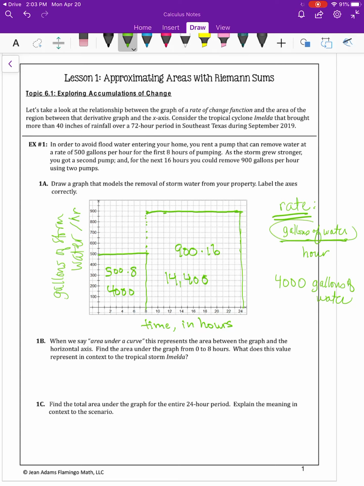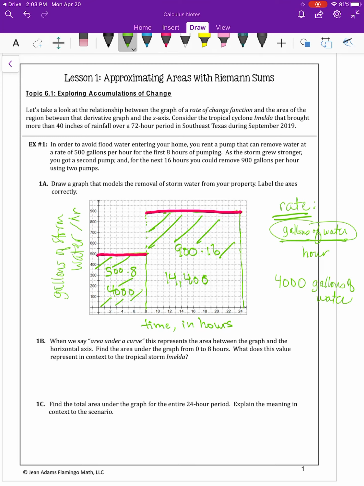And then you have, of course, time in hours. So when you calculate your 4,000, which is your 8 times 500, that just gives you gallons of water. So you are always going to have the numerator of your rate when you calculate your area under the curve.